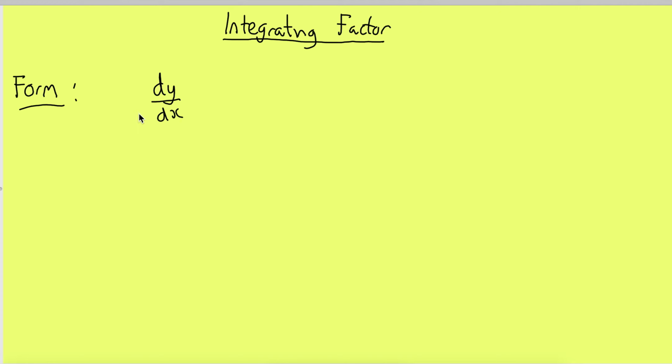Now there can't be anything in front of dy by dx, it has to just be dy by dx, plus your function of x multiplied by y equals another function of x. Right, so this is when there's an add or a subtract involved, right? All the other ones we've seen so far have had just multiplies, or if there's been an add or subtract, it's been in a bracket or on top of a division sign, right?